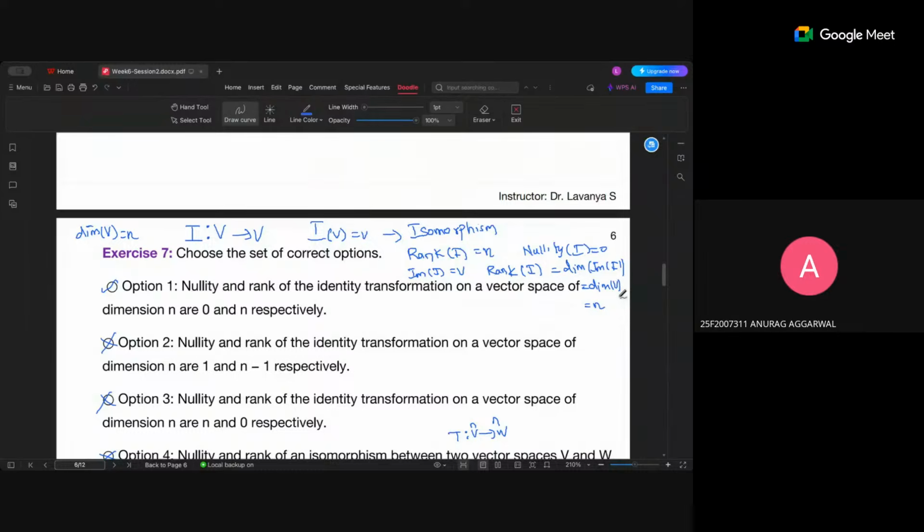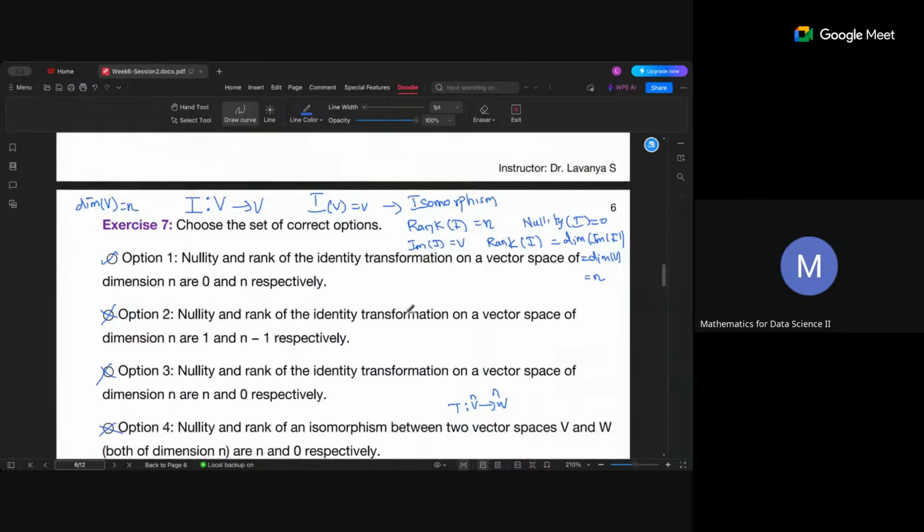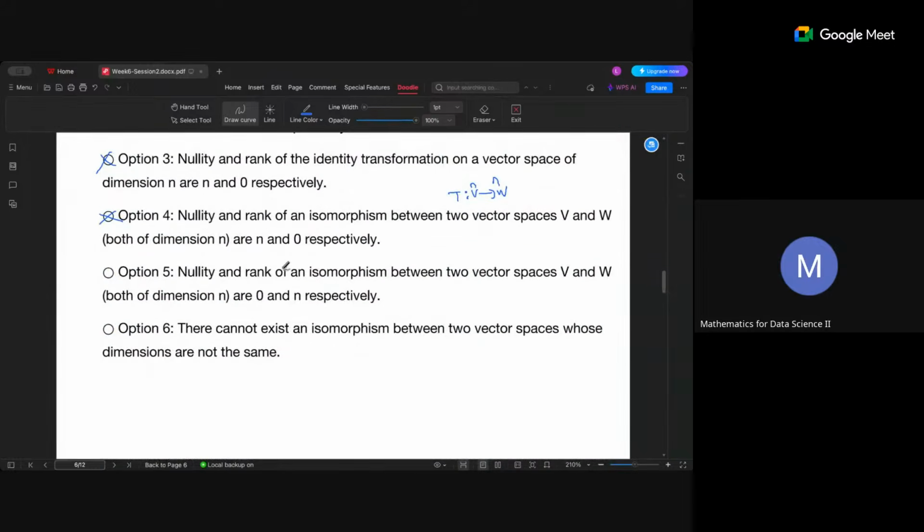Okay, fine. Then by the rank nullity theorem, you can say that nullity is 0. Or from isomorphism, it is 1 to 1 and hence nullity is 0. Okay, fine. Rank and nullity should be n and 0. The same scenario here also.